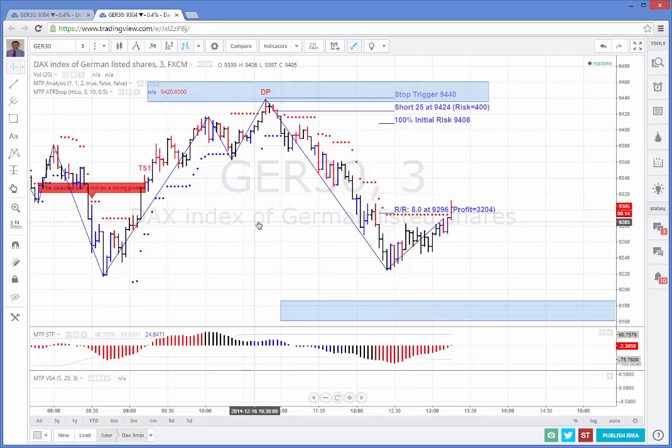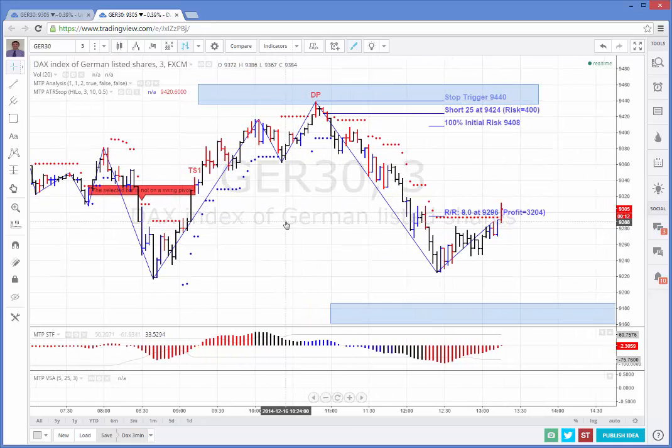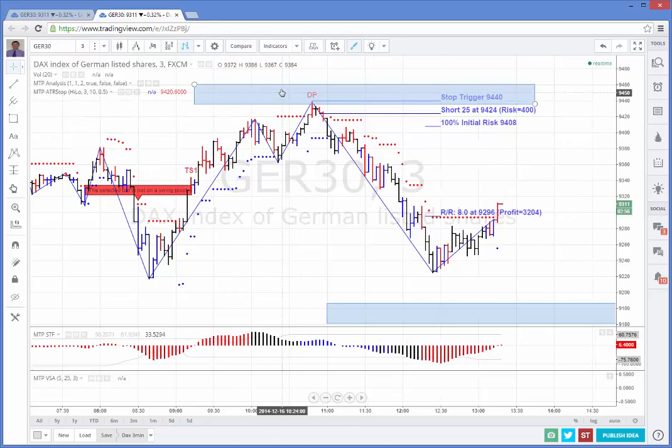So this is the whole idea of the MTPredictor trade setups. First and foremost, we want to move you away from our STF trend indicator, which is a lagging indicator like most indicators, and we want to move you to use the higher time frame DP support and resistance zones. Remember, we put this level on our 15-minute chart in advance.